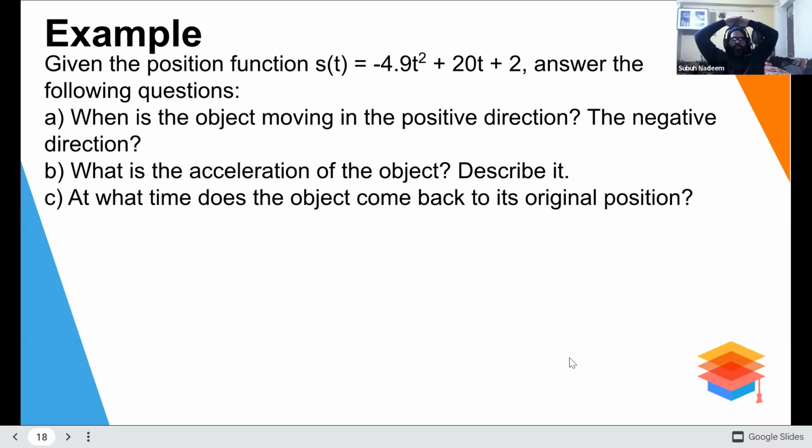When you take the derivative, you will get minus 9.8t plus 20. That will be the velocity. And when the velocity is in the positive direction, it will be greater than 0. So first we'll have to find the first derivative, and then the second derivative. In B, you have to find the second derivative, where you have to find the acceleration of the object.